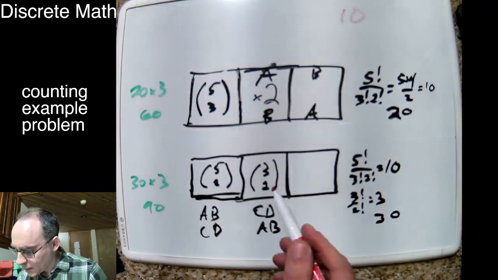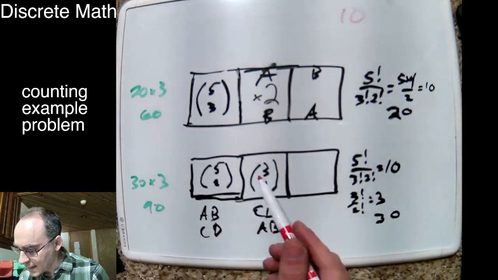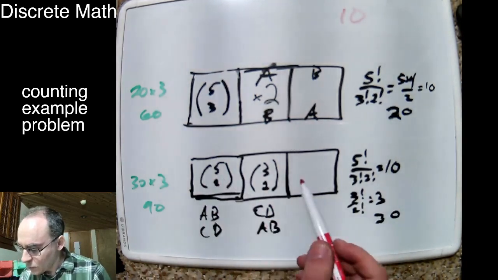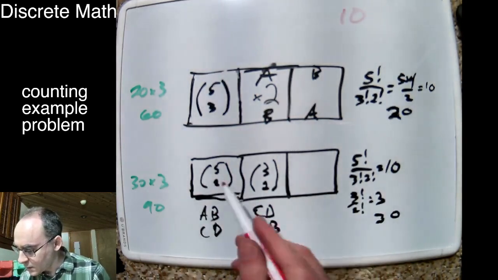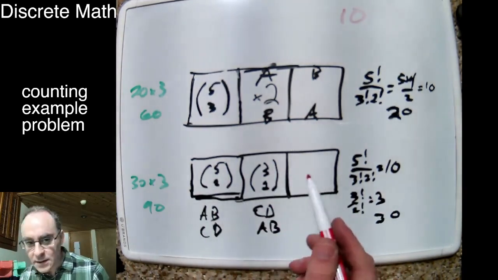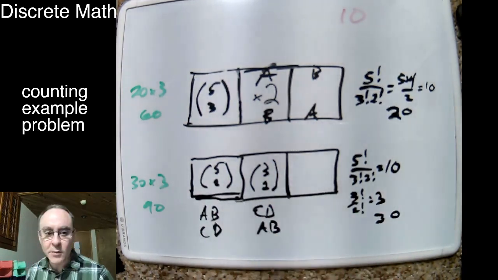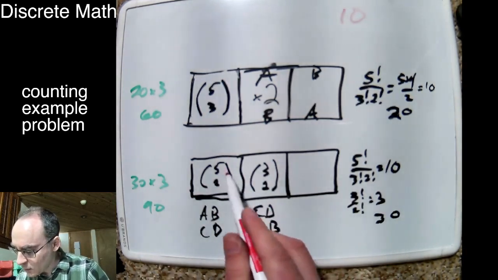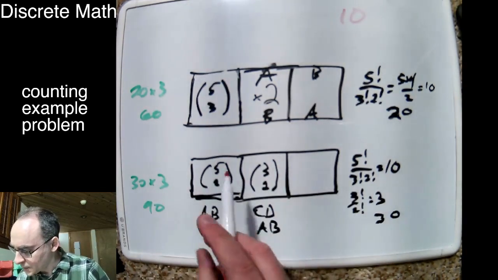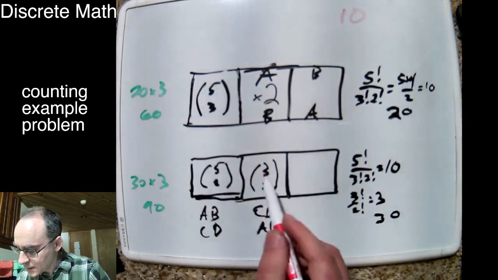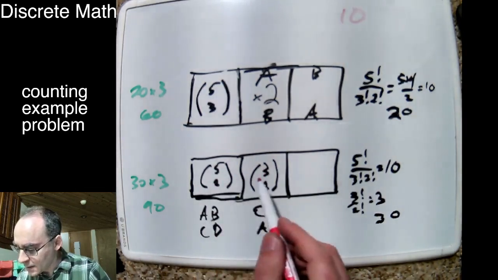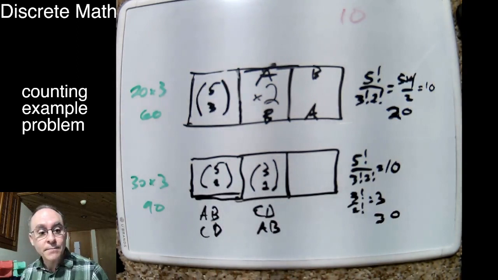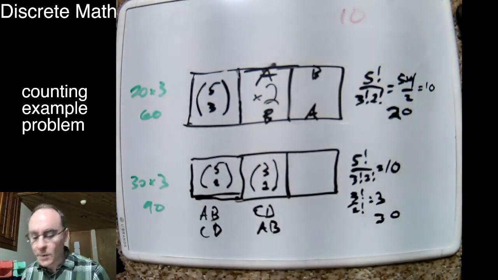And again, I don't care where the boxes are in terms of this picture. 2-2-1 is the same as 2-1-2. I don't care about the ordering of the boxes. They're indistinguishable, so all I have to look at is the 2-2-1 picture. And here, since these 2 boxes have the same number of objects in them, I can swap them without changing anything if I don't have the boxes labeled.